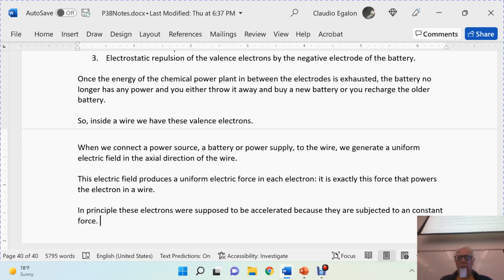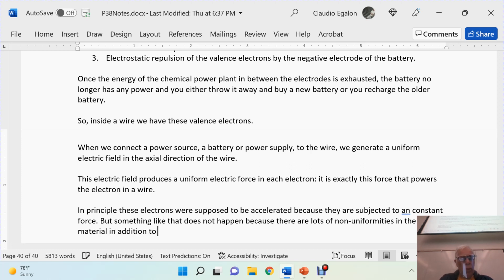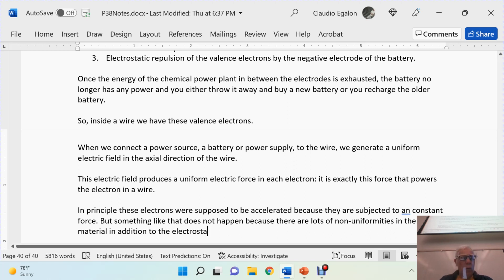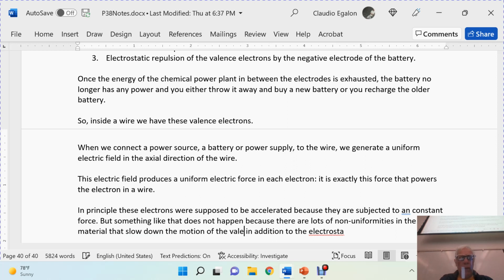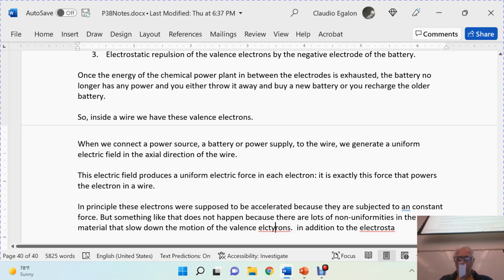But something like that does not happen because there are lots of non-uniformities in the material that slow down the motion of the valence electrons.